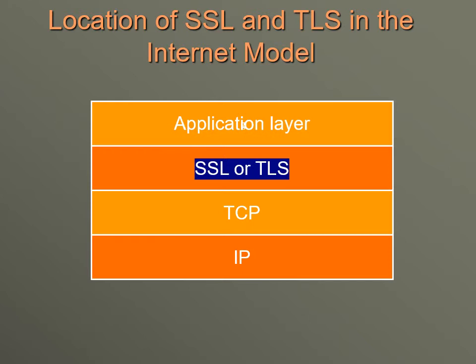The two most important protocols used nowadays for providing security at the transport layer are the Secure Socket Layer, that is the SSL protocol, and the Transport Layer Security, that is the TLS protocol. The latter one, TLS, is actually an IETF version of SSL.